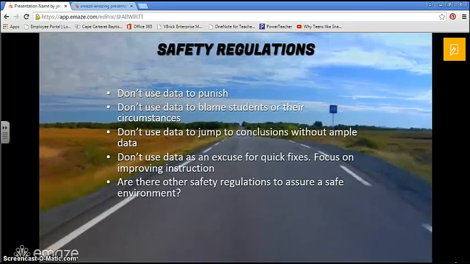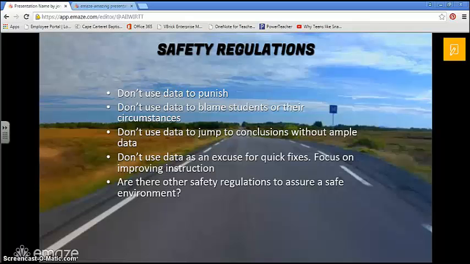And here's some things to just kind of put up the yield sign. We need to make sure that we aren't using data to punish. We aren't using it as a result of their circumstances that might be out of their control. We aren't using it to jump to conclusions about maybe what a child needs that isn't backed up by the data.